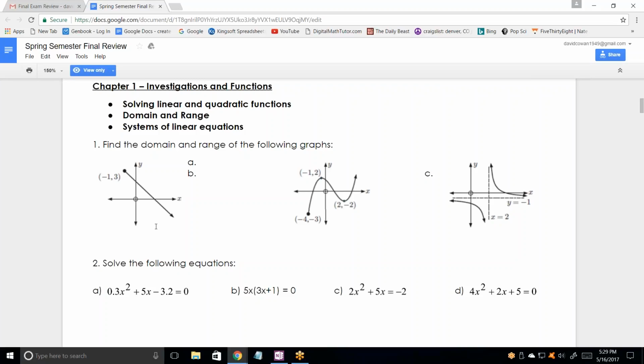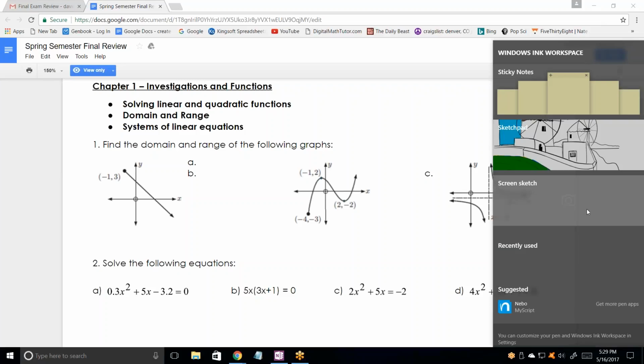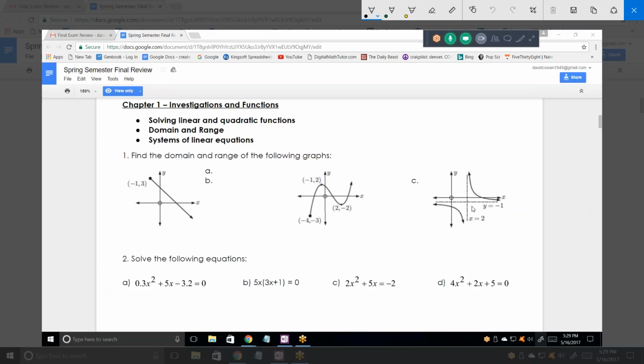But sometimes you can cross a horizontal asymptote. Obviously not in this graph, but you can have functions that cross the horizontal asymptote and then are asymptotic with it, like that. And if I had something like that, then the range would be all real numbers. In other words, I would not have to exclude y equal -1.